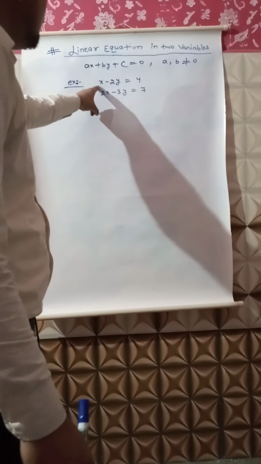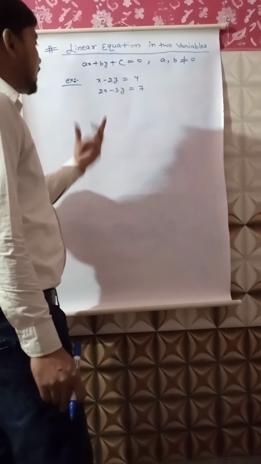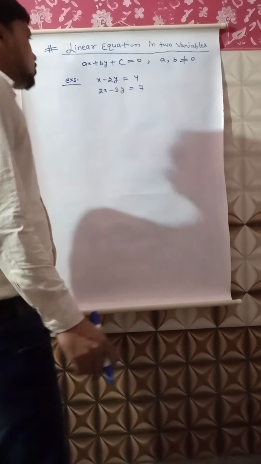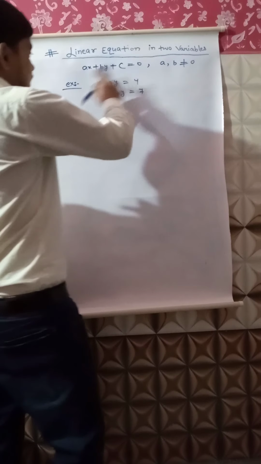Why two equations? Because there are two variables. That's why we require two equations to solve for x and y. So always in linear equations in two variables, you will see two equations.